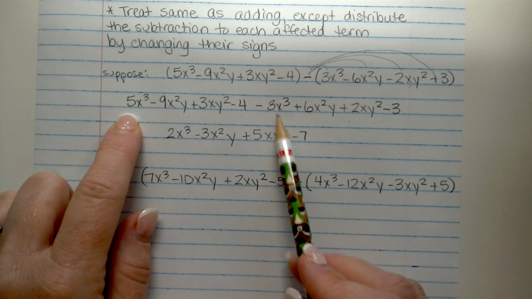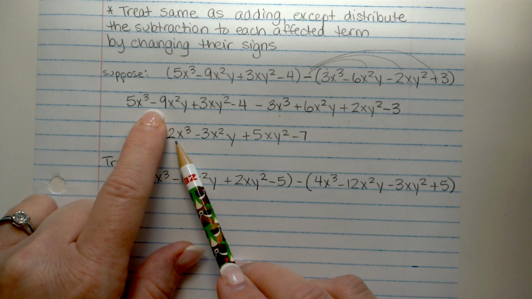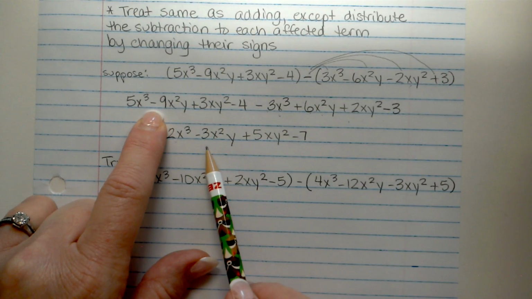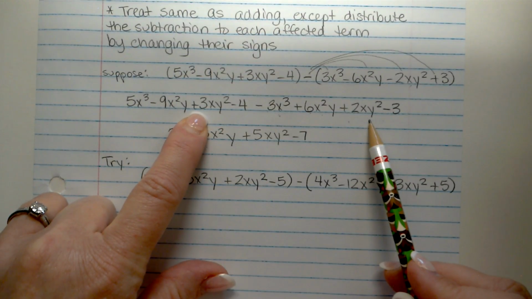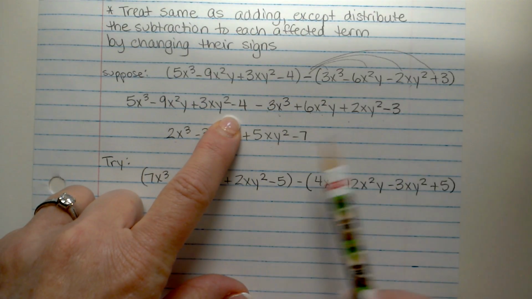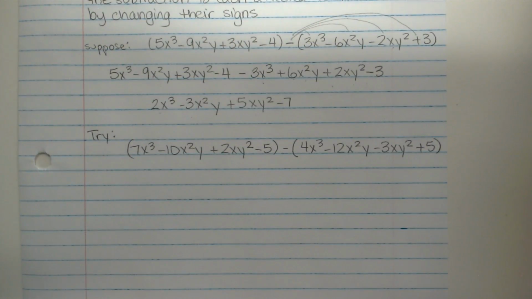So a 5x cubed minus a 3x cubed, you can combine those to be 2. Negative 9 x squared y's and 6 x squared y's gives you negative 3. 3 xy squares and 2 xy squares are 5 xy squares, and a negative 4 and a negative 3 give you negative 7. So try this one and then check your answer as we go.